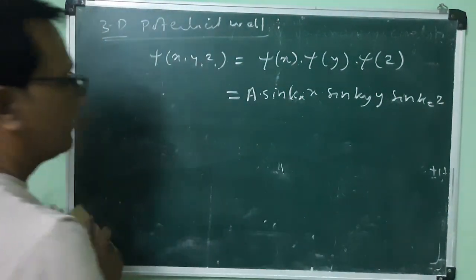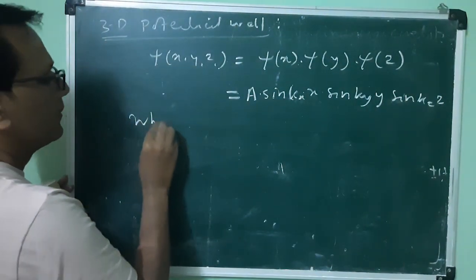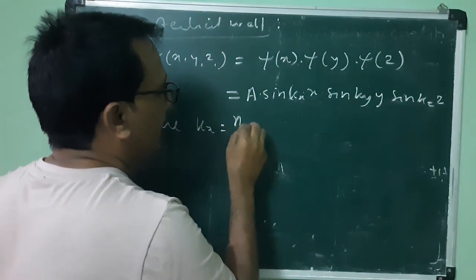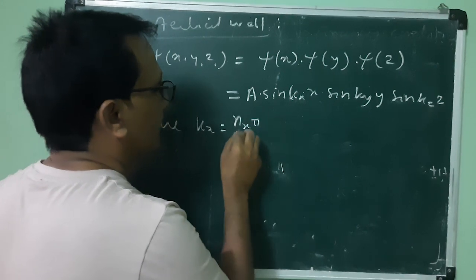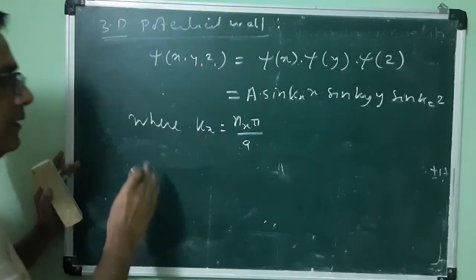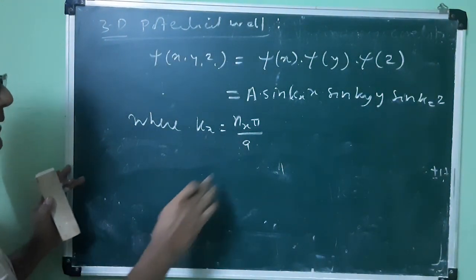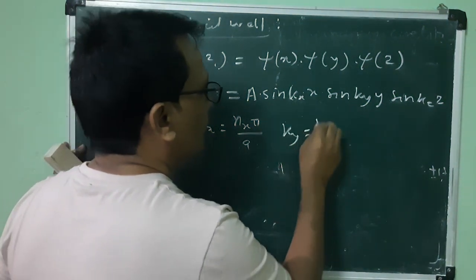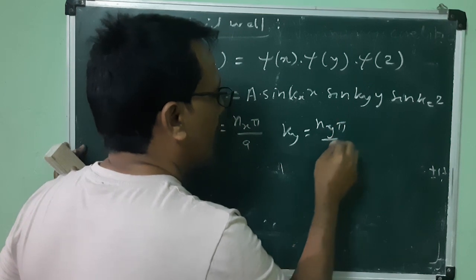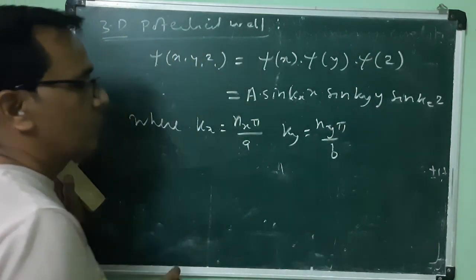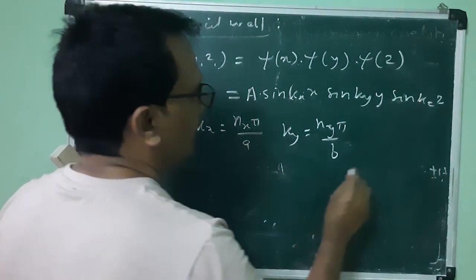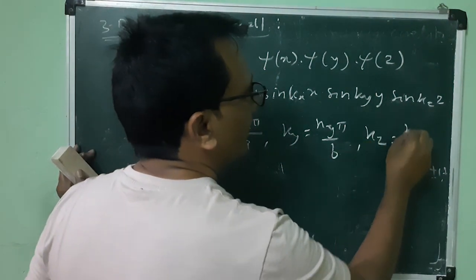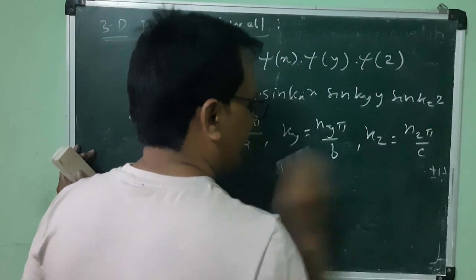where kx, ky, and kz can be written as follows. kx is equal to nx pi by a, if the size of the potential well along the x-axis is a, and ky is equal to ny pi by b, if the size along the y direction is b, and kz is equal to nz pi by c.